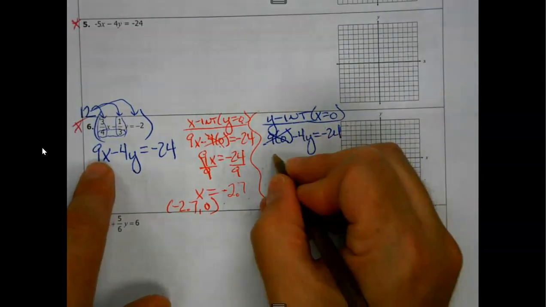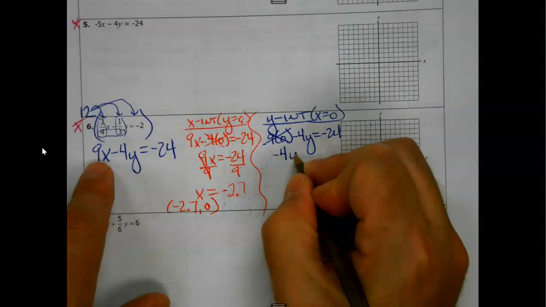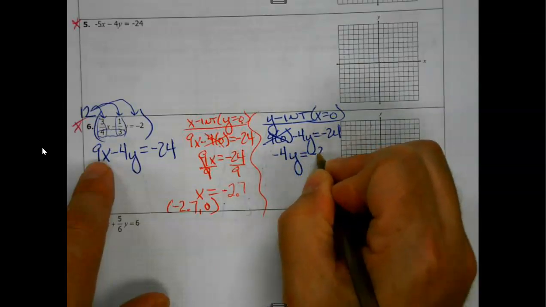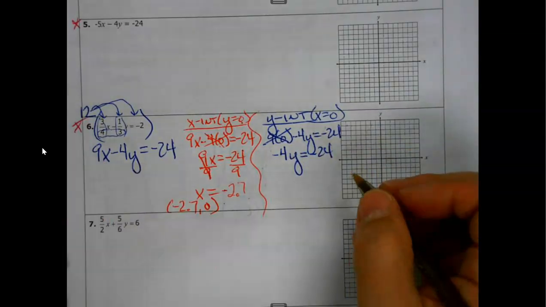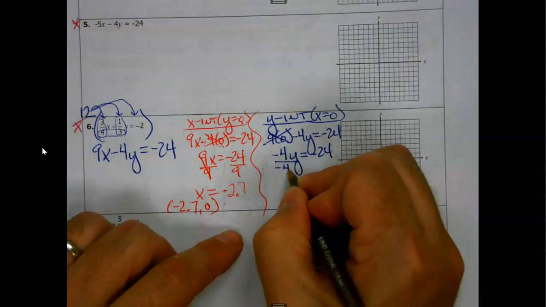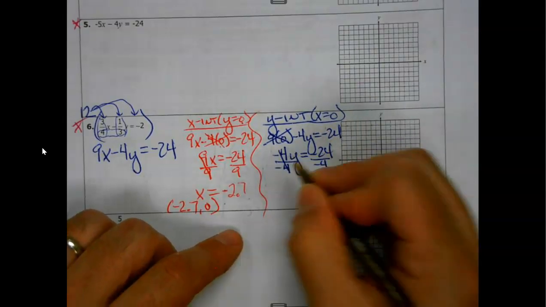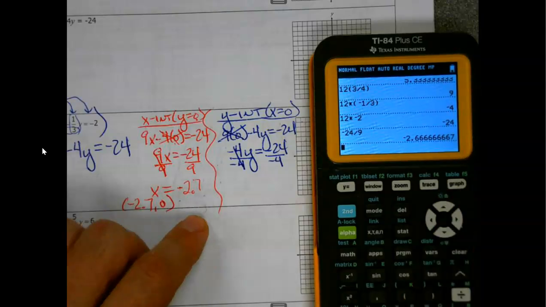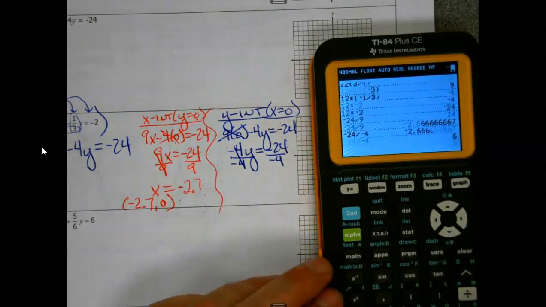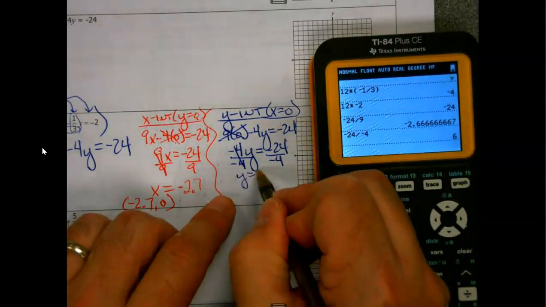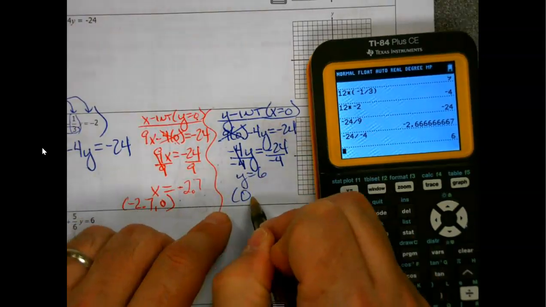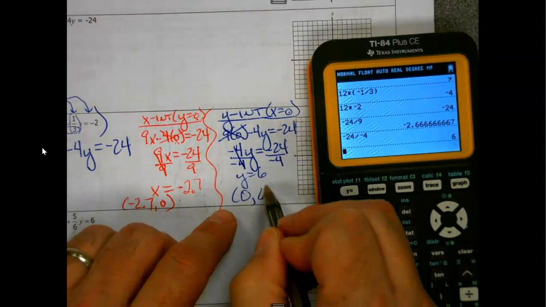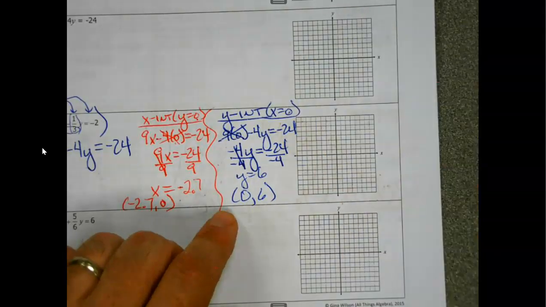You're out of here. And again, it's just a one-stepper, which is nice. We actually got a whole number this time. Hallelujah. Negative 24 divided by negative 4 is 6. X is 0. Y is 6.